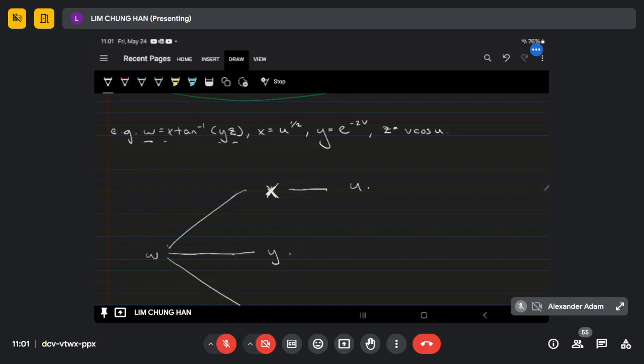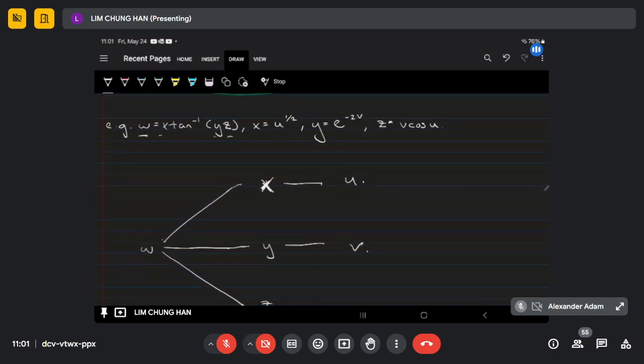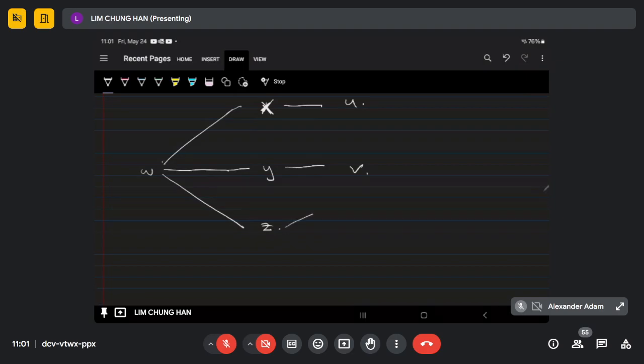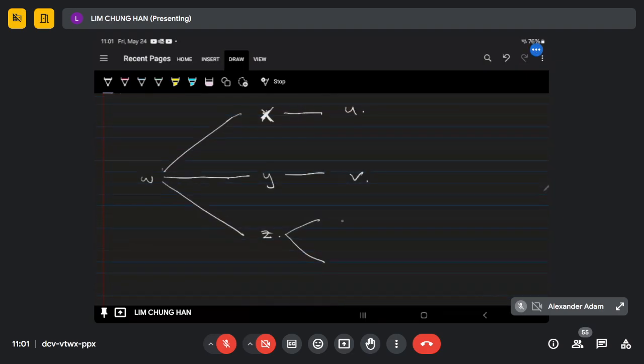Also 1, v, right? z is related to how many? 2. u and v, right? There. That's how you draw the tree. Is that easy? Yes, easy.